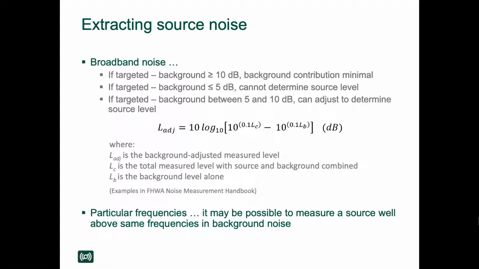If the targeted source minus the background source is less than or equal to 5 dB, and this is for broadband noise, you cannot determine the source level. If the targeted minus background noise is between 5 and 10 dB, you can adjust the level to determine what the targeted source level is using the following equation. And you can find this and examples of using the equation in the U.S. Federal Highway Administration's Noise Measurement Handbook.